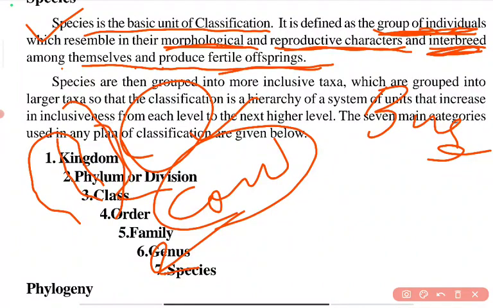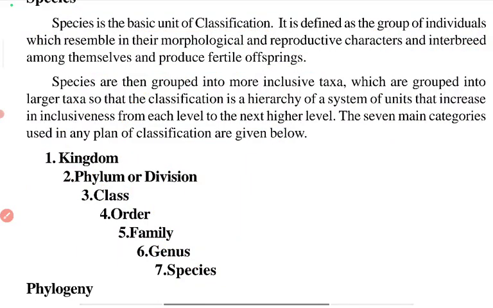How? Because they resemble in their morphological and reproductive structure, है ना, or you can say character, and they can interbreed and they can produce fertile offspring of their own. ठीक है, so this is a species. Hope you understand this. Now we are also species.